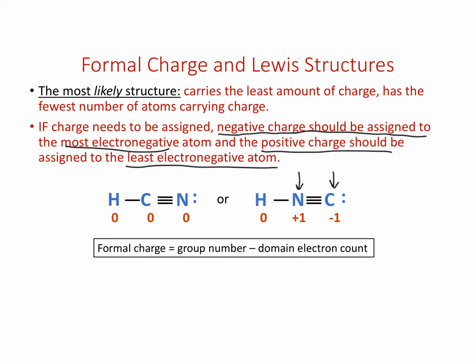Nitrogen is more electronegative than carbon. So if possible, nitrogen should be carrying a negative charge, and carbon should be carrying the positive charge. We've assigned it the opposite way given the electron configuration that we have. So on the next slide, we're going to work through one more example of formal charges and Lewis structures and helping determine the best Lewis structure.